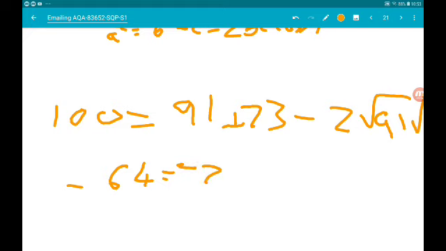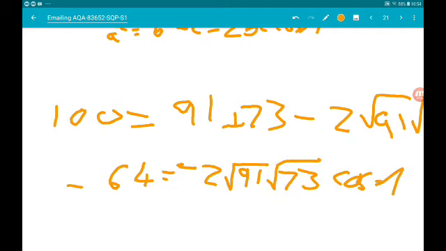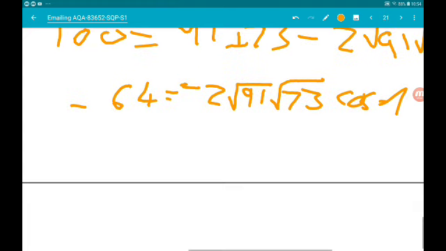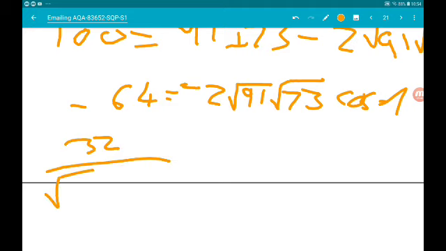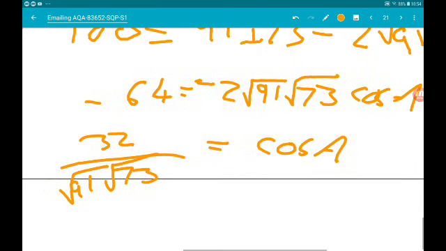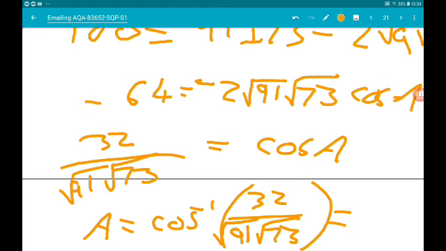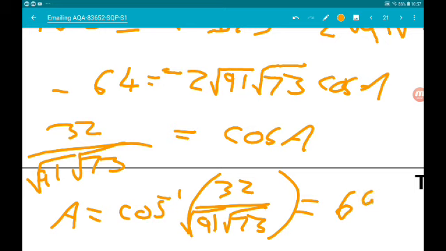It's minus 2 root 91 root 73 cos of A. Now if we divide through by minus 2 root 91 root 73, we get 32 over root 91 root 73 is equal to cos of A. So A is the inverse cos of 32 over root 91 root 73, which gives us 66.9 degrees to 1 decimal place. Lovely.